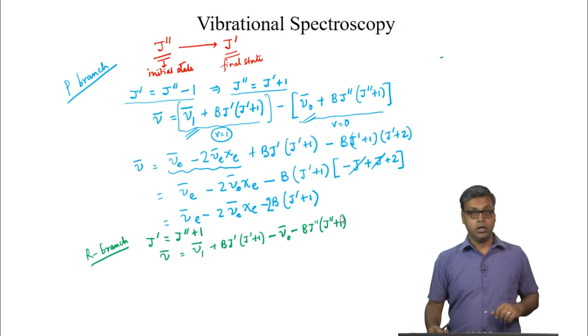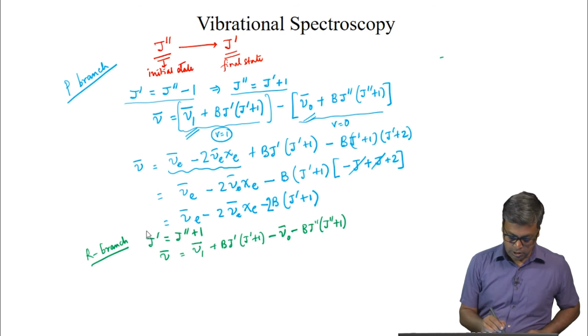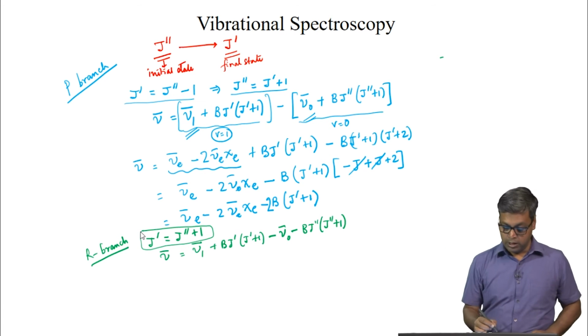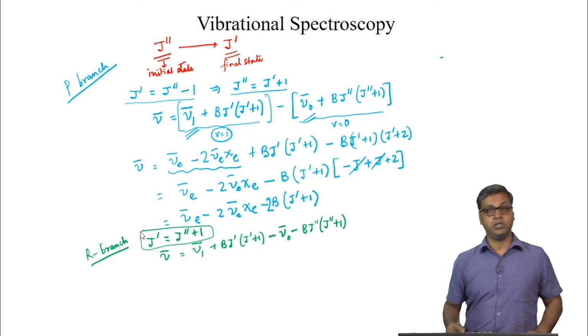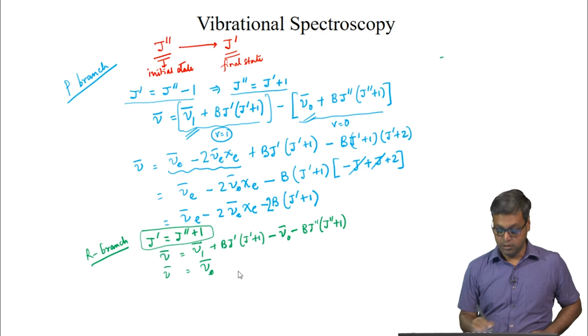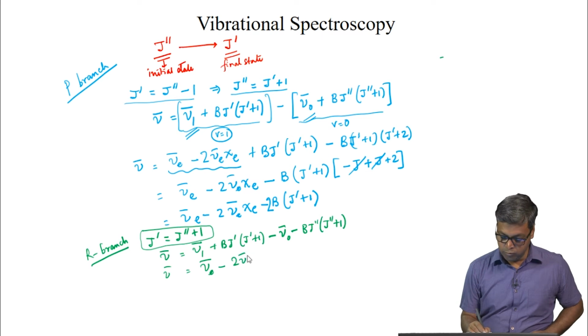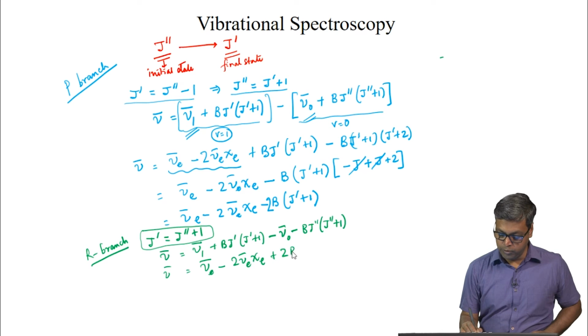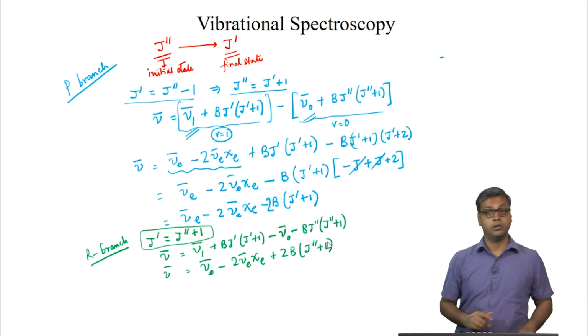Now if we put this condition, that is J prime equals J double prime plus 1, and we simplify this expression, what we get is nu bar equals nu bar E minus 2 nu bar E chi E plus 2B times J double prime plus 1.